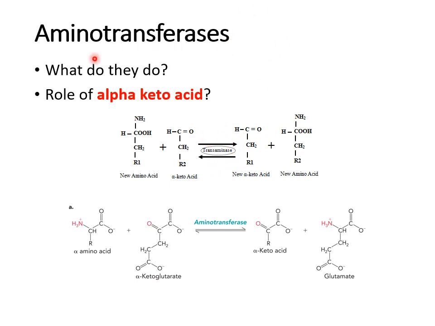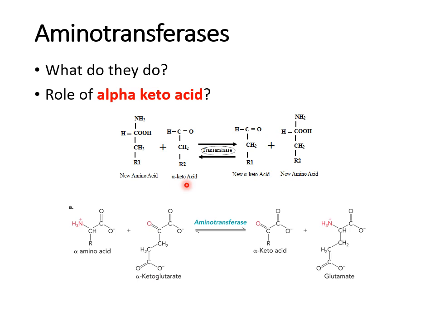Now, basically, what you're going to see here is alpha keto acids. And sometimes, for instance, you'll see it here as alpha ketoglutarate. Alpha keto acids are very significant in the synthesis of amino acids because they serve as an acceptor molecule.